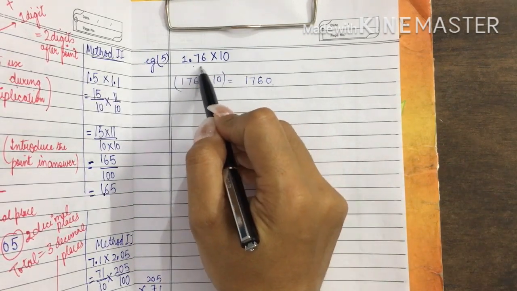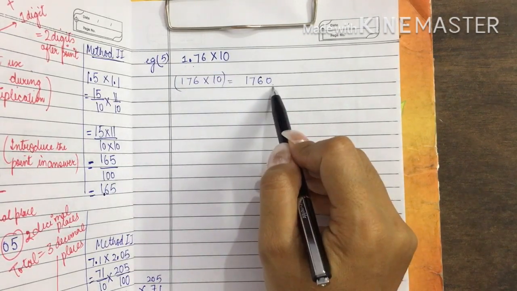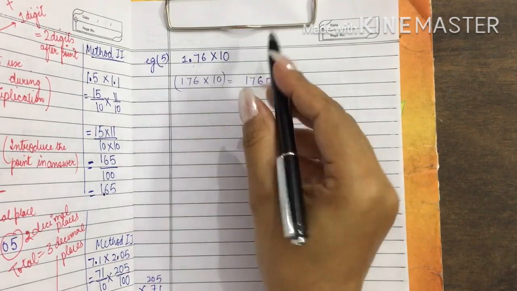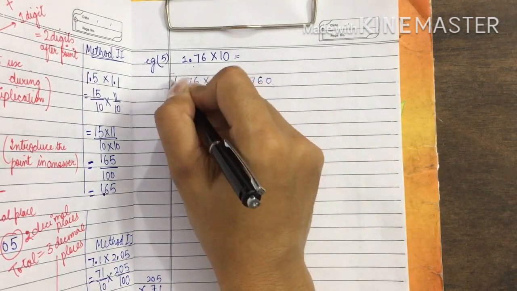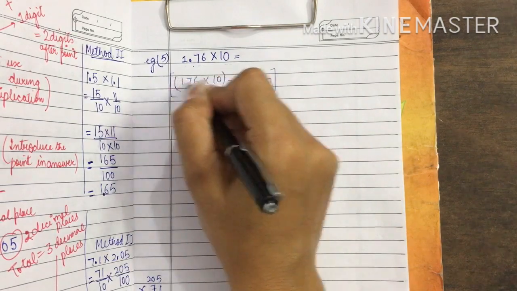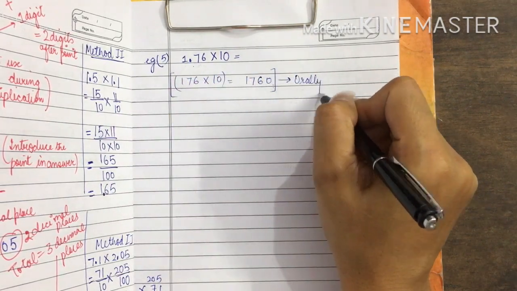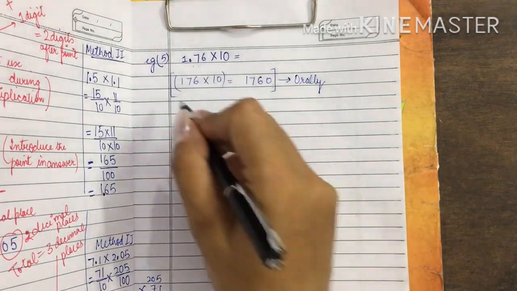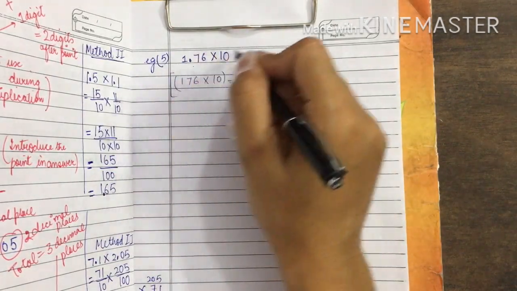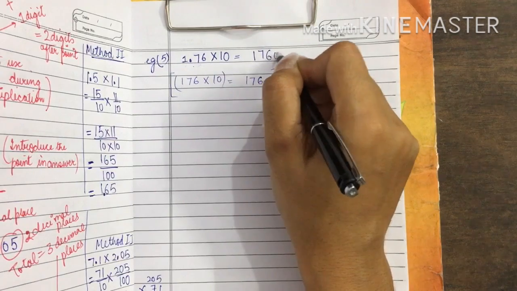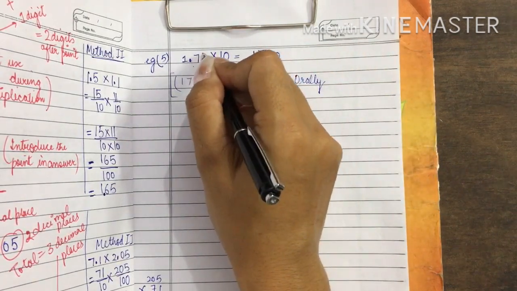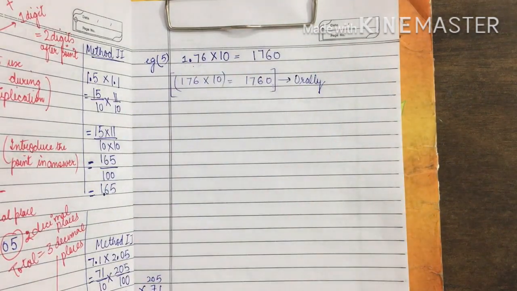Now count the decimal places and put the point back. There were 2 decimal places, so we are not writing this. This is only to be done in mind. So don't write this, just do it in your mind. So this will be 1760, and now put your point back 2 decimal places.